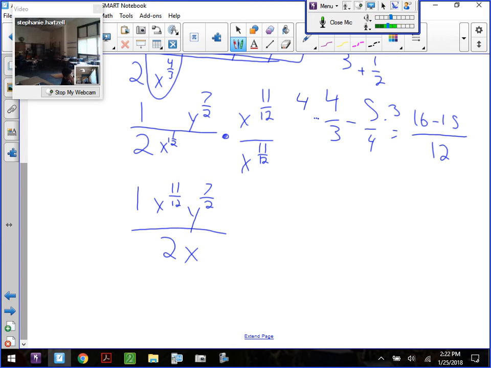Yeah, this was a 1/12 here. It just didn't write out as cleanly. You multiply top and bottom by x to the 11/12, because 11/12 and 1/12 create a whole. Therefore, you get 1.